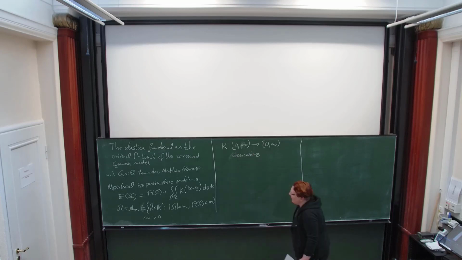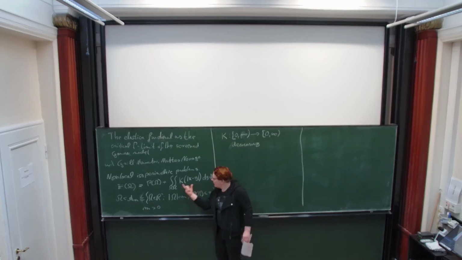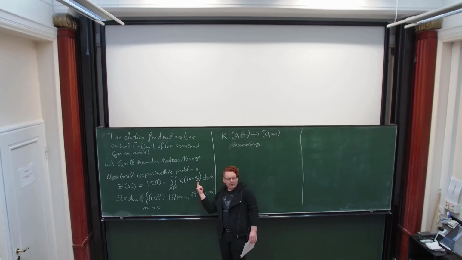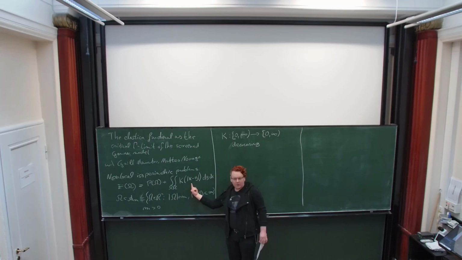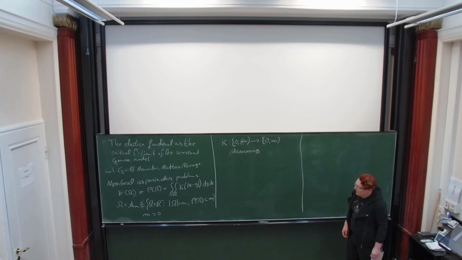And that means that two points in Ω want to be as far away from each other as possible. So this is a repulsive term, and then you get the competition between the attractive perimeter and the repulsive non-local term, and you have all the good ingredients for pattern formation.